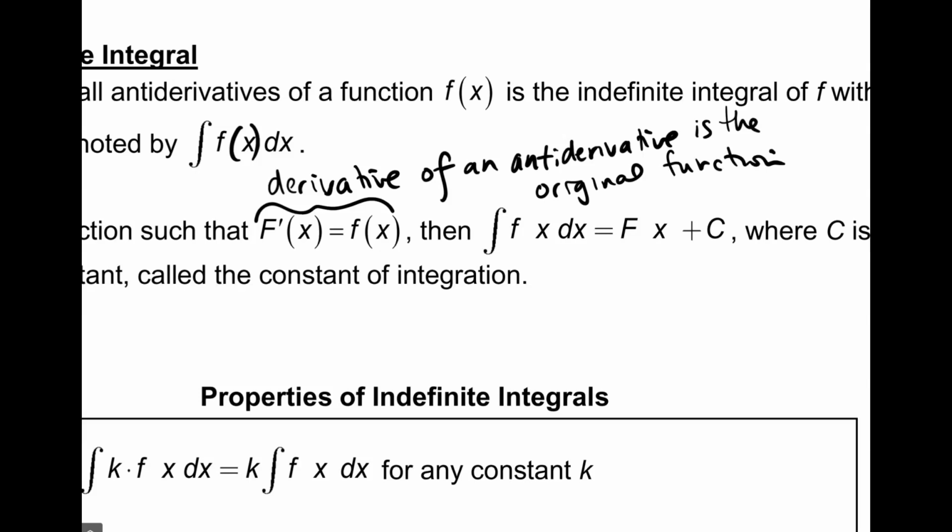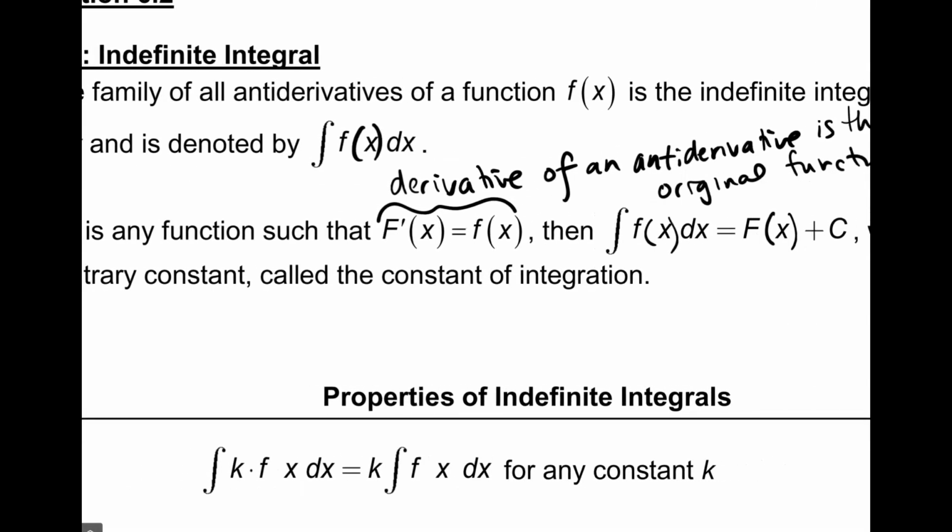So if I take the antiderivative of our original function, it's just going to be F of x plus c. Notice it's capital F, where c is a constant called the constant of integration.